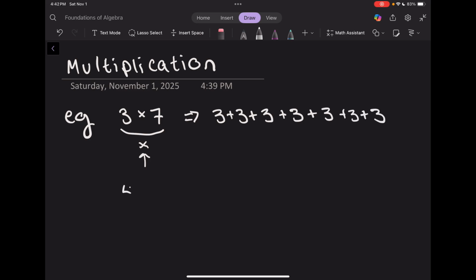So if we did 4 times 2, that's the same thing as 4 plus 4. So essentially, you are taking the first one and you're adding itself this amount of times.